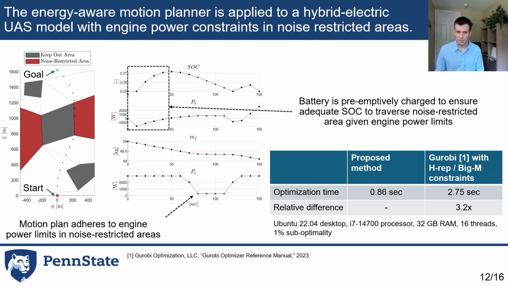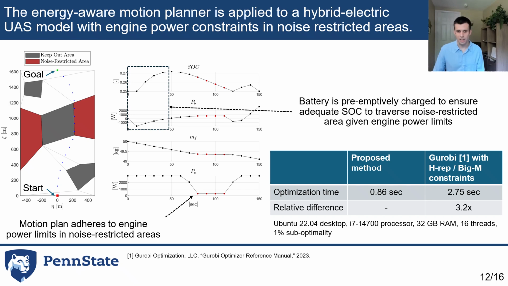In the figure in the center of the slide, we have the energy states associated with this optimal motion plan. Where the dots are red, that corresponds to time steps where the vehicle is inside a noise-restricted area. And we can see here at the bottom that the motion plan is adhering to the engine power limits while the vehicle is inside a noise-restricted area.